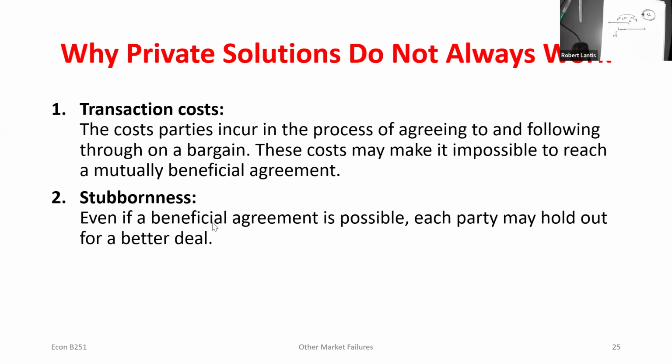Stubbornness can also cause Coase's theorem not to work. Really, that's those people who really value wanting to be right, or wanting to get their way. Well, if all I care about in my life is getting my way, what is the marginal benefit to getting what I want? So let's say my neighbor has that tree and it's about to fall on my house, right?